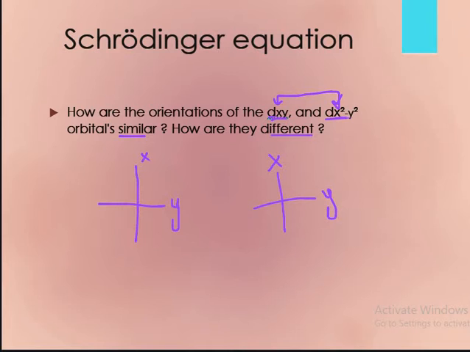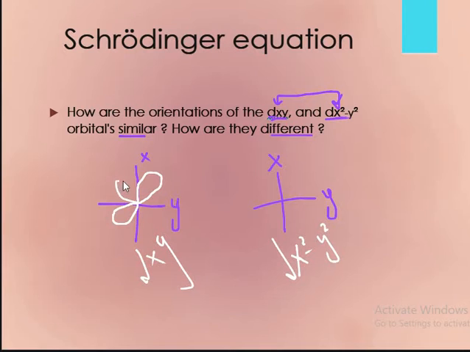Now I will start to draw the atomic orbitals. Now this is for dxy, okay, and this is for dx²-y², okay? So for dxy, look at the location of the electron cloud. It's between the x-axis and y-axis.